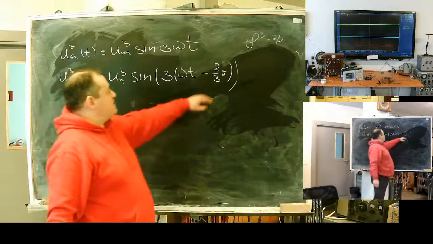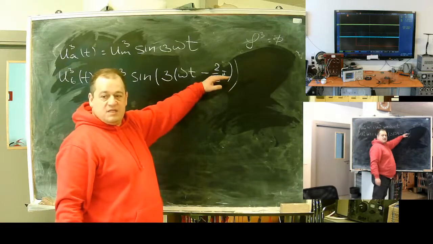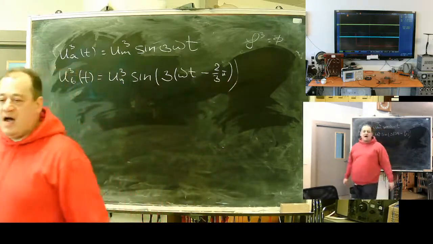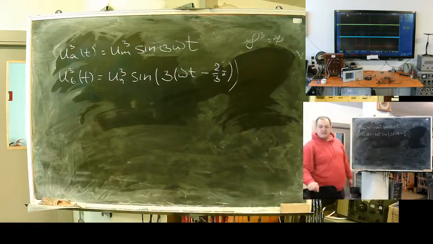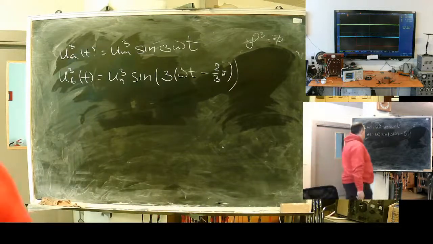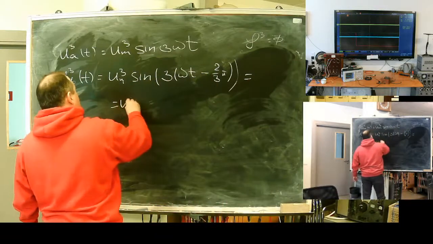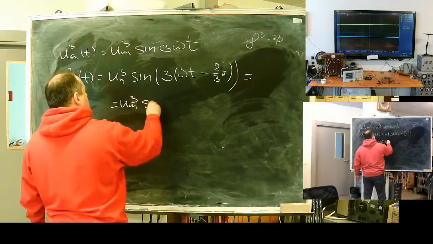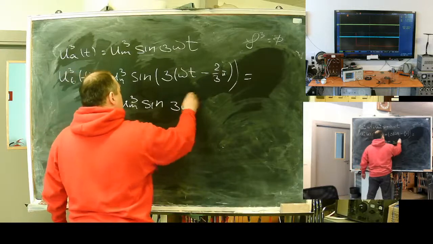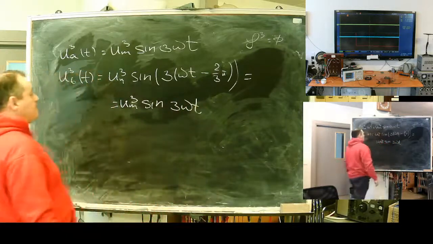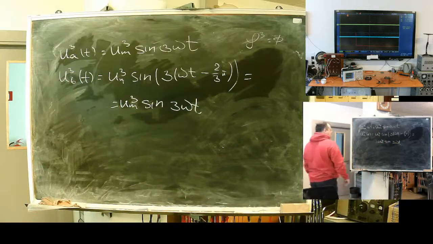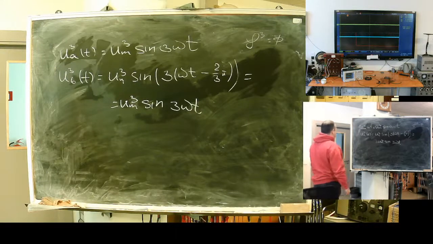Triple frequency, and this angle is determined by the design of the magnetic system. But it's equal to sine 3 omega t, because a full circle, two pi periods, changes nothing.